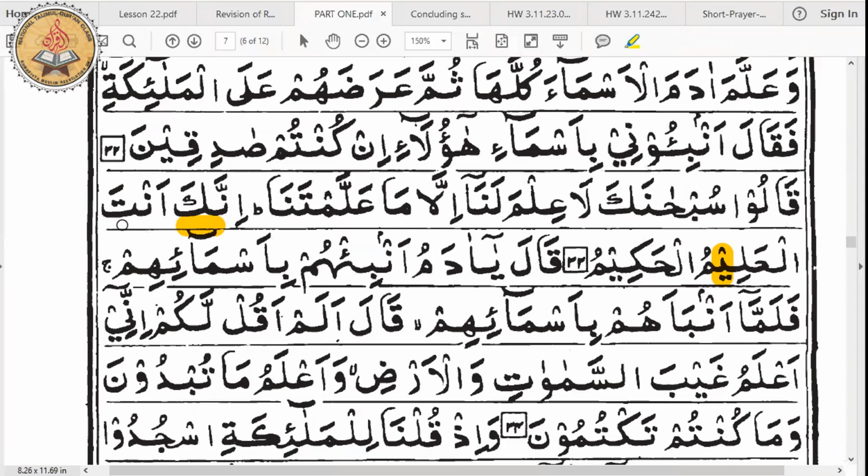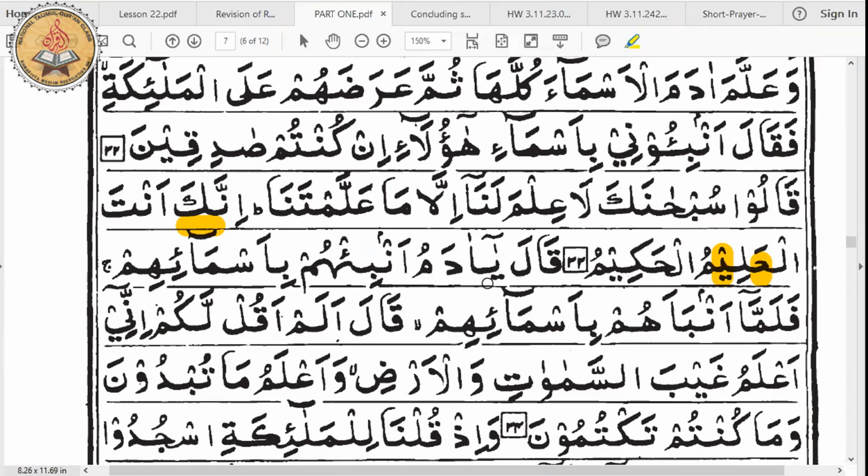So it is the ayn sound. If you just read it, alim. And this one is hakim. So now read it from the beginning. Innaka antal alimul hakim.